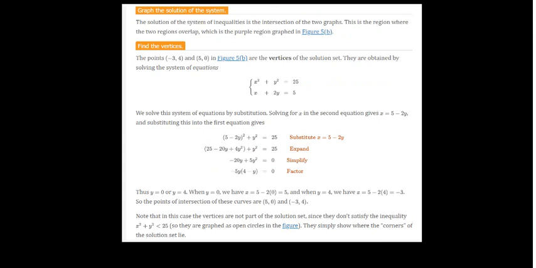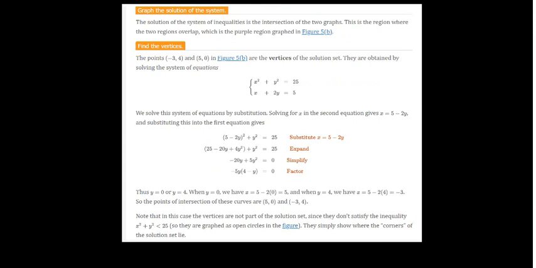Solving for x in the second equation gives x is equal to 5 minus 2y, and substituting this into the first equation, as we see, just doing the algebra that we've done in the first two sections of chapter 10, we get the points 5, 0 and -3, 4.